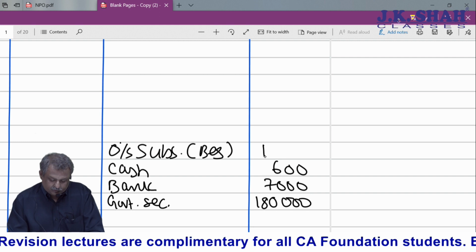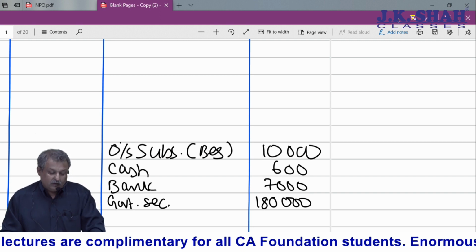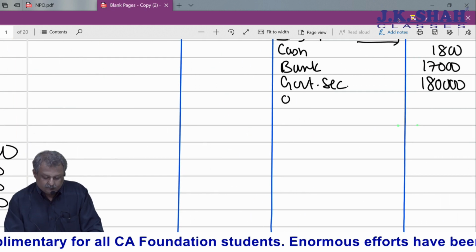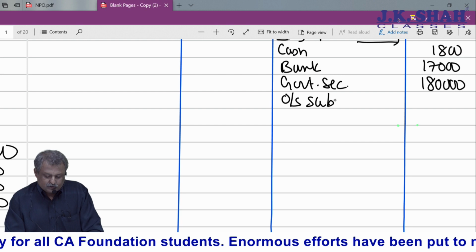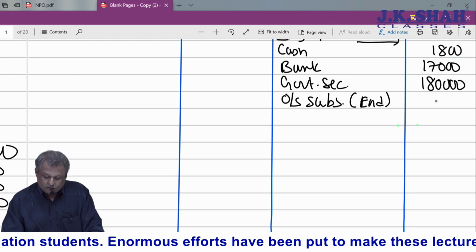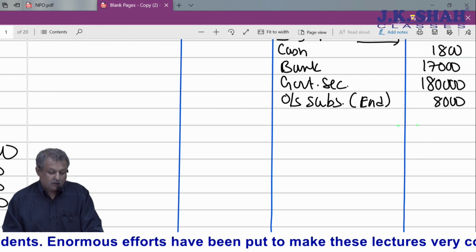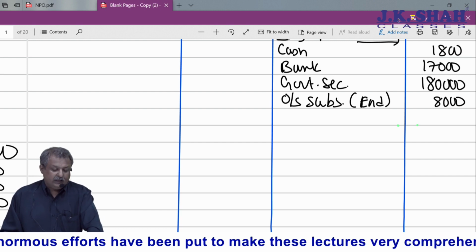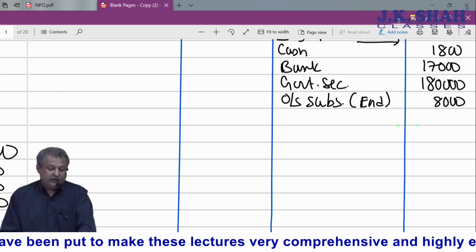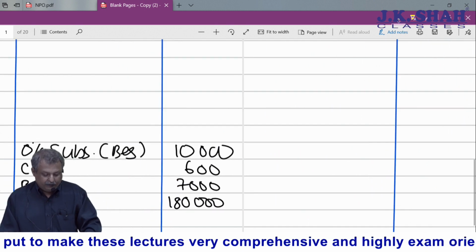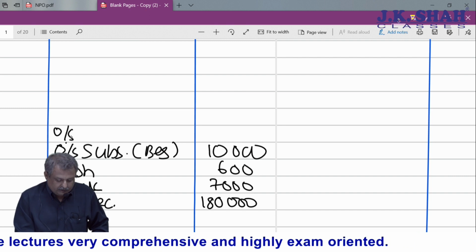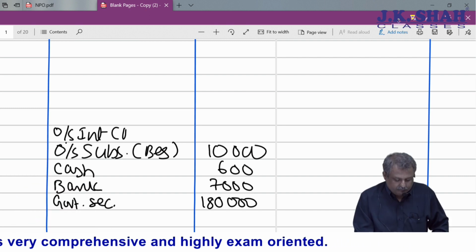It is 10,000. Similarly, outstanding subscription at the end, 8,000. Then, next untick item is interest. Again it is same. Less for 910 means last year. Opening outstanding. So outstanding interest beginning.